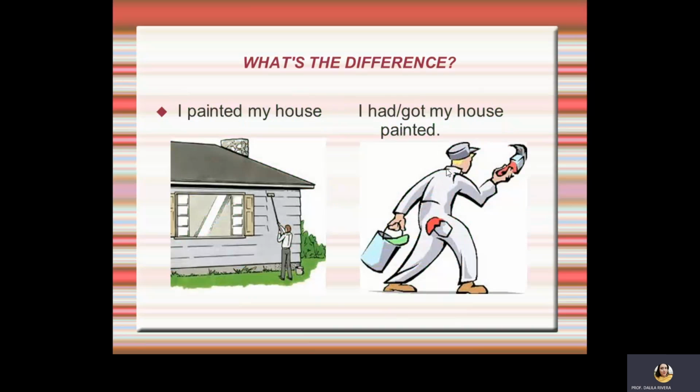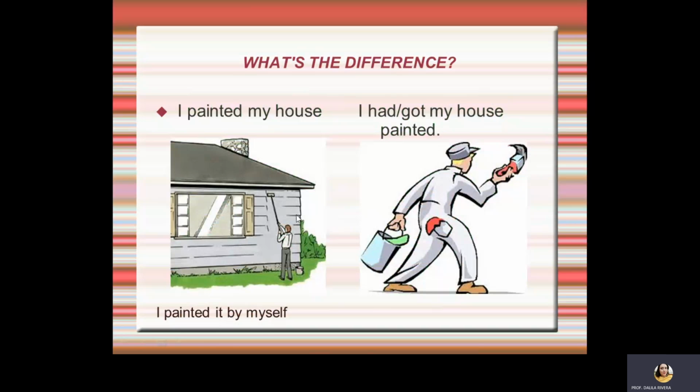Well, you have here two sentences. You have, I painted my house, and I got my house painted. What's going to be the difference between these two expressions? Well, if you say, I painted my house, it means that I painted it by myself.